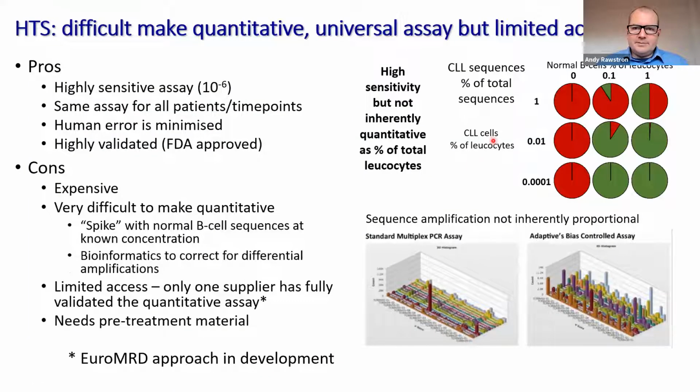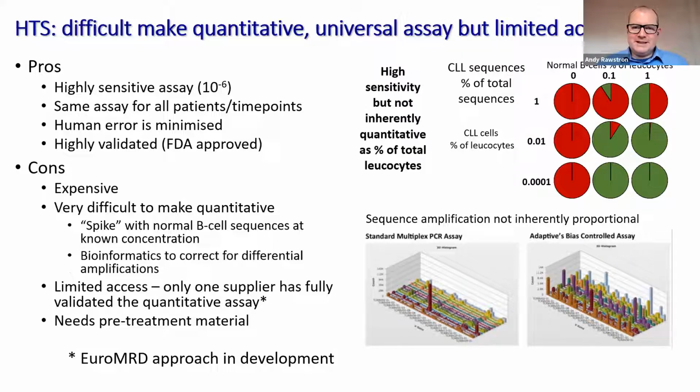The two main issues with high throughput sequencing are, first, that you're only counting rearranged immunoglobulin genes. So if you have 1%, 0.01%, or 0.0001% disease, but no normal B cells, then you're going to get the same sort of result. All of the sequences are neoplastic.